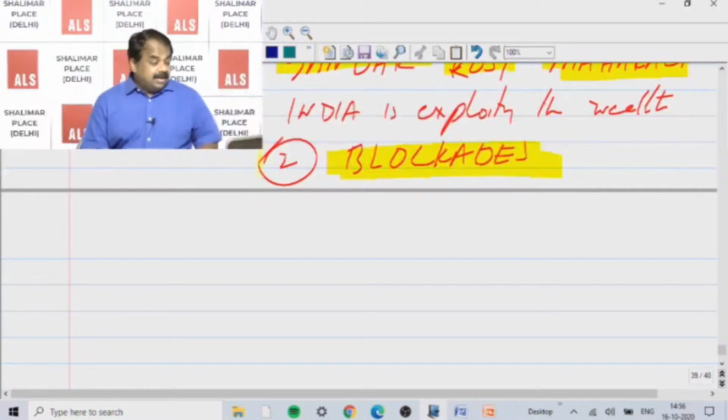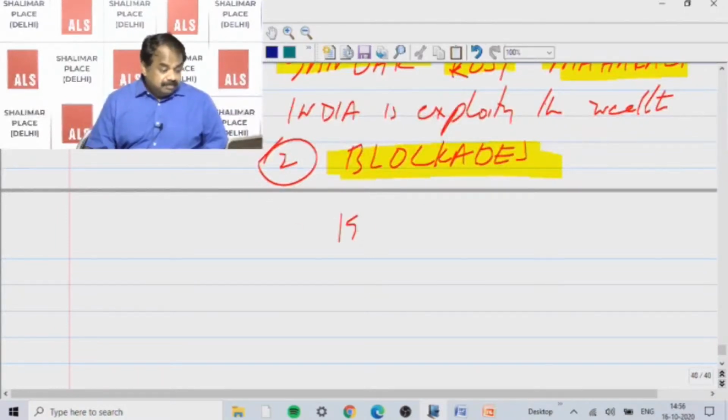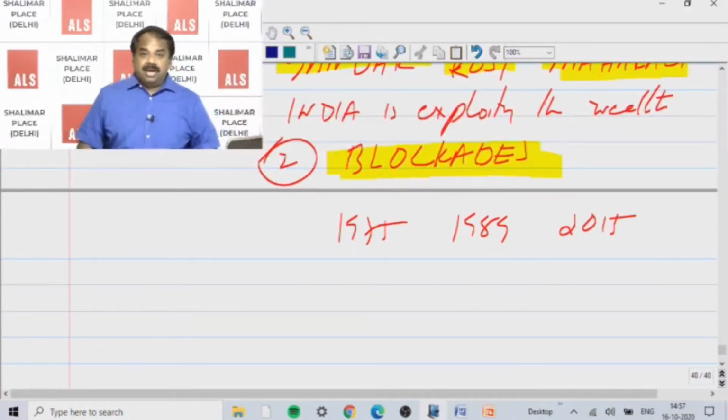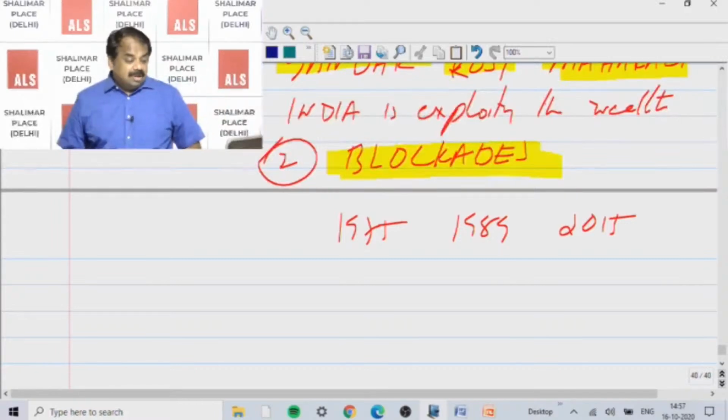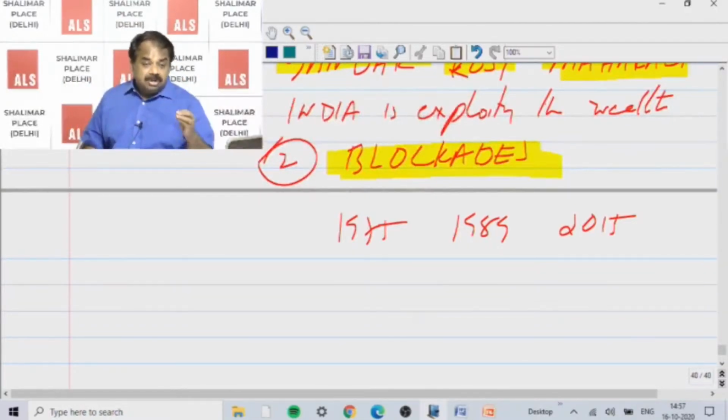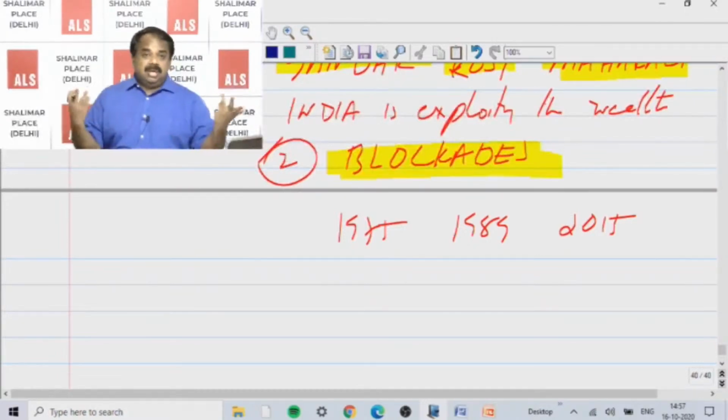We have done it in 1975. We have done it in 1989. Now we have done it in 2015. So every 2 decades we have done one blockade. And in Rajiv Gandhi's time, again the same issue, and the number of border points was reduced to 2, and it was very difficult. There was a shortage of table salt in Nepal at that time, because Nepal has no source.